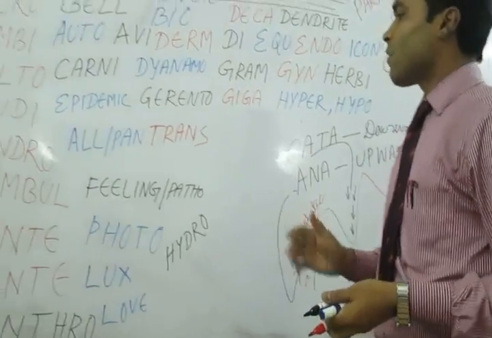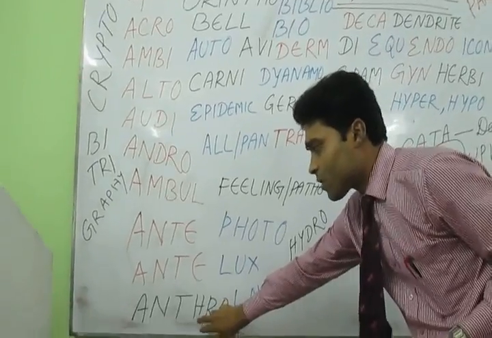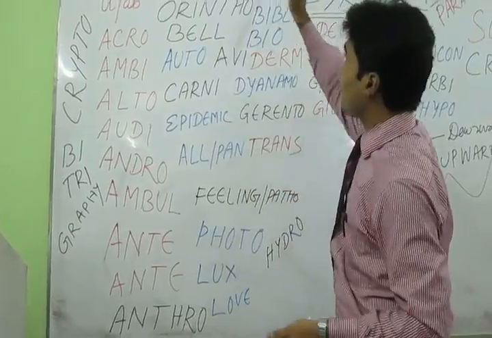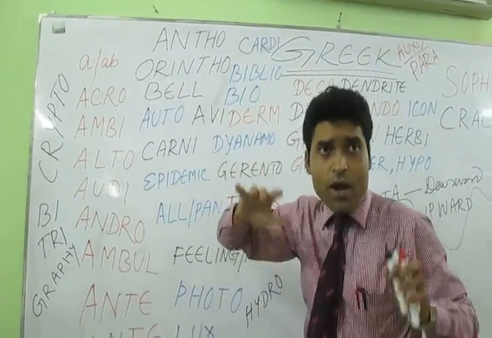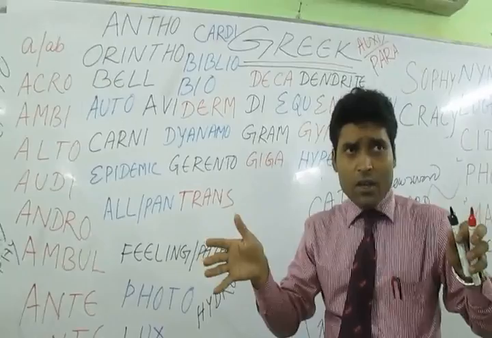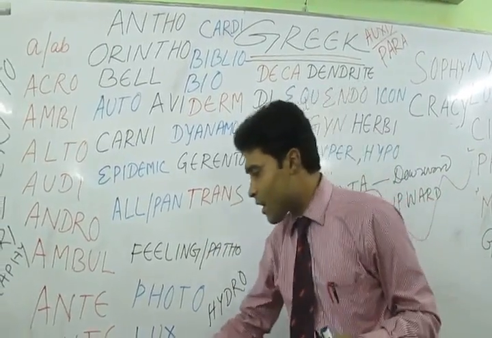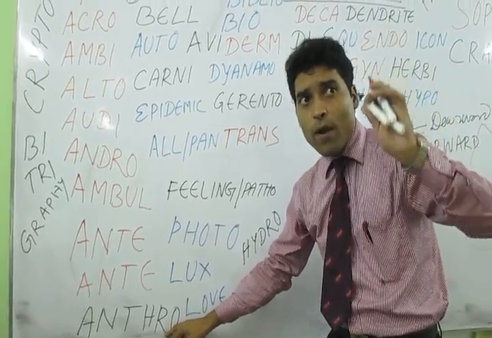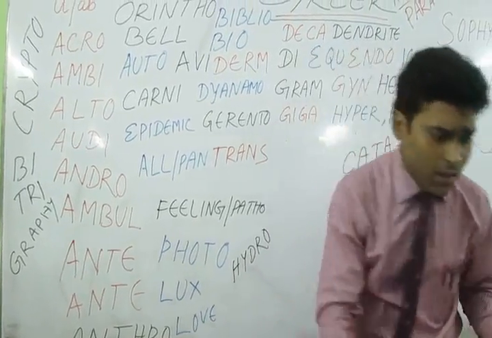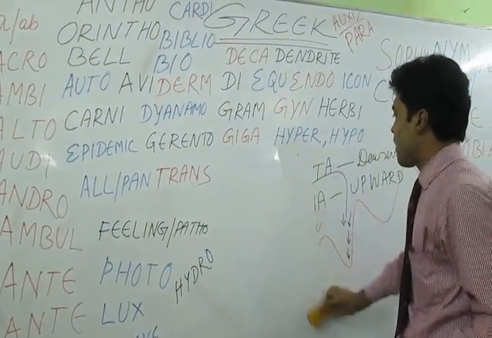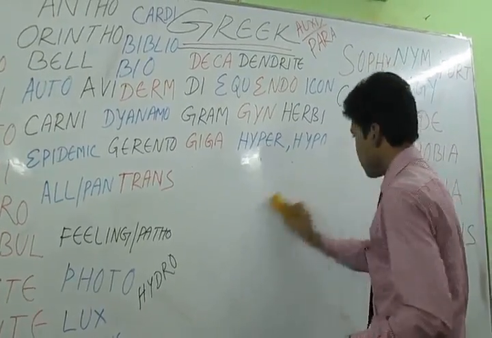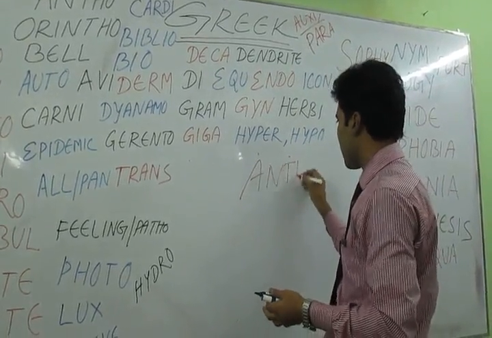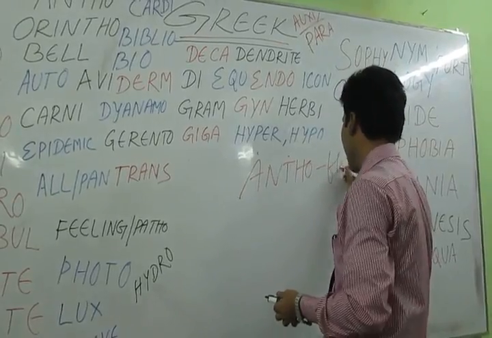Suppose if I say another word, anthro. This anthro you just see, A-N-T-H-R-O. And another word is antho. This anthro and antho, there is some difference. One difference is that in anthro you will find R, but in case of antho, you will find no R. Antho, A-N-T-H-O, means flower.